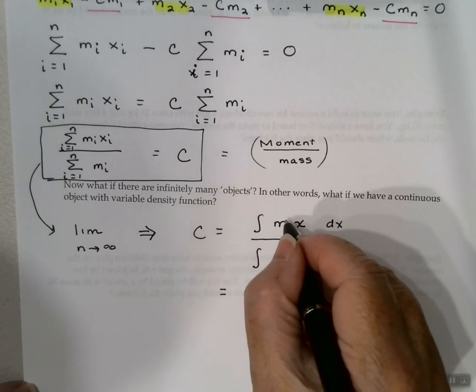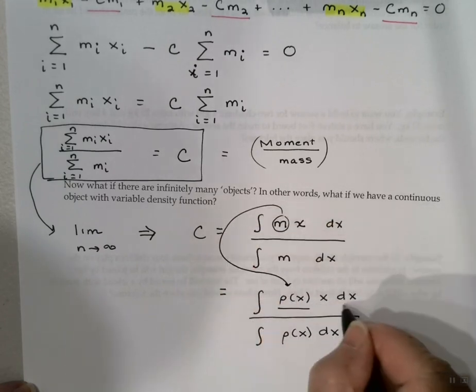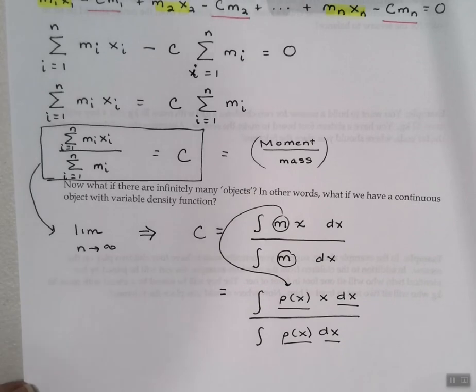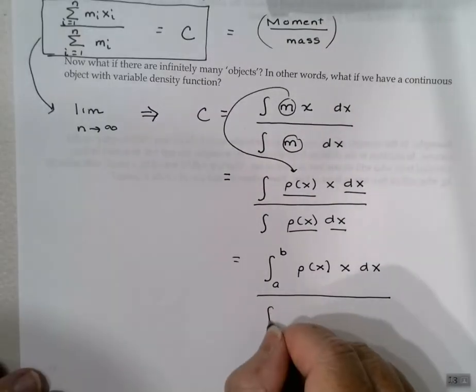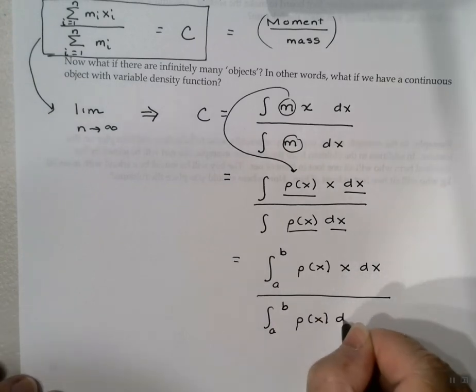So mass is really rho dx. Mass again here is rho dx. And we often just write this as the integral from a to b of rho of x times x dx, over the integral from a to b of rho of x dx.